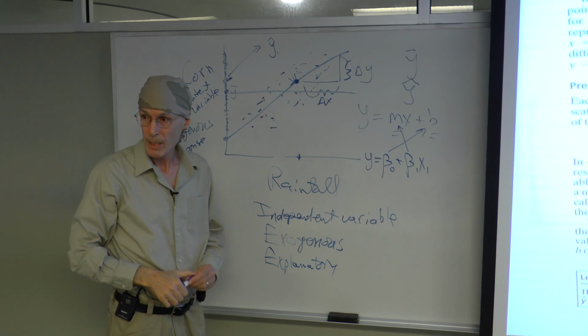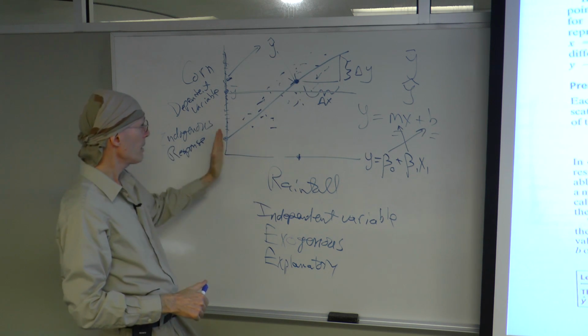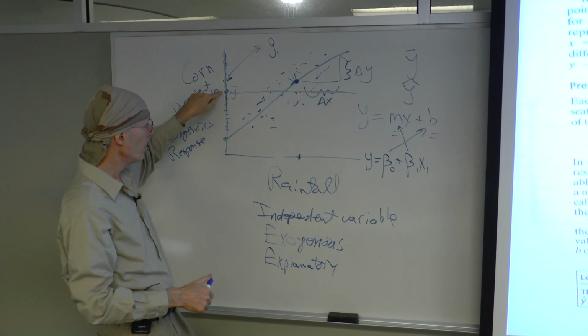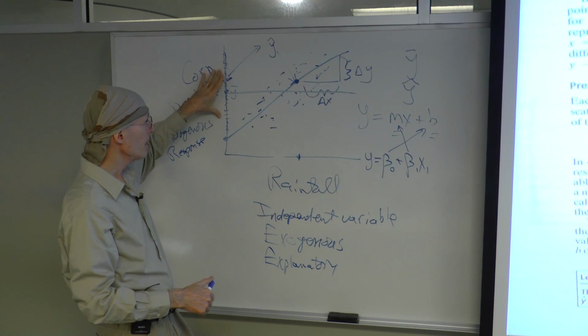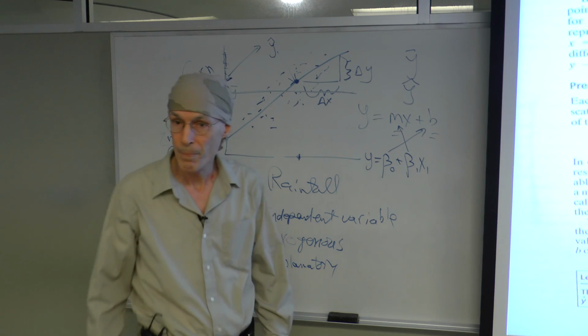Does everyone see that? That means this axis doesn't exist, this whole plot doesn't exist, I have just this one line here. This is y bar, this is the axis for corn, and the values for the different acres go along here. They're scattered around. So this axis has, that variable has a mean, y bar.